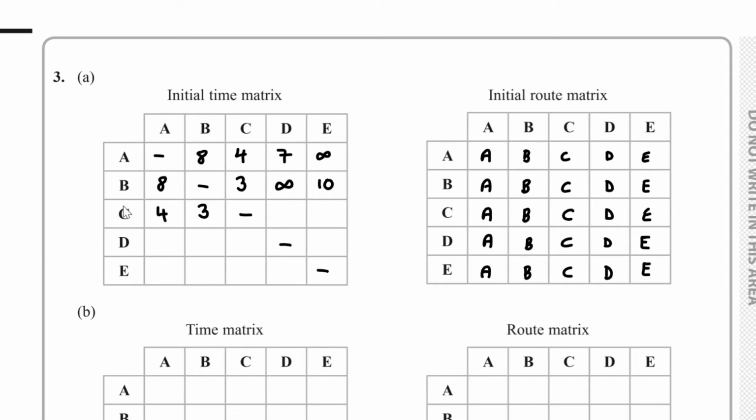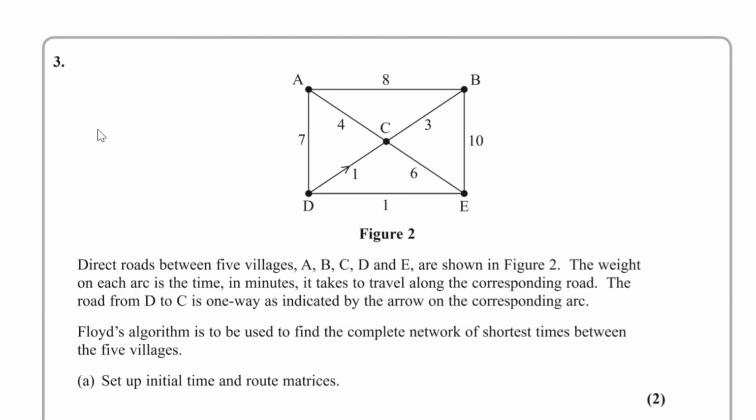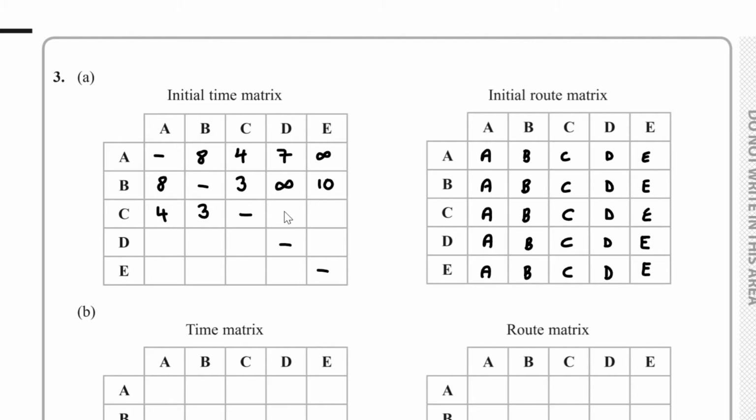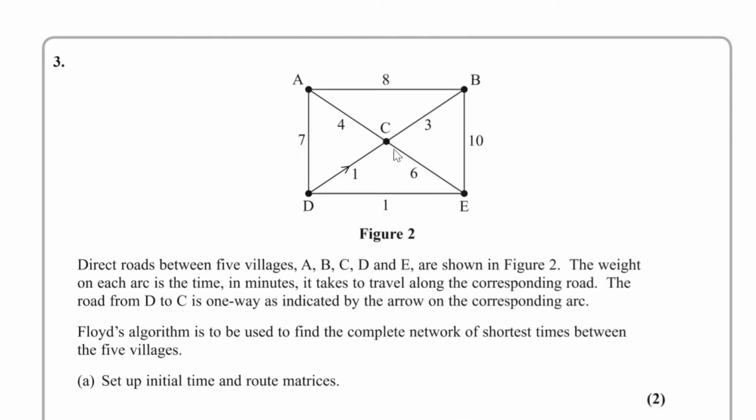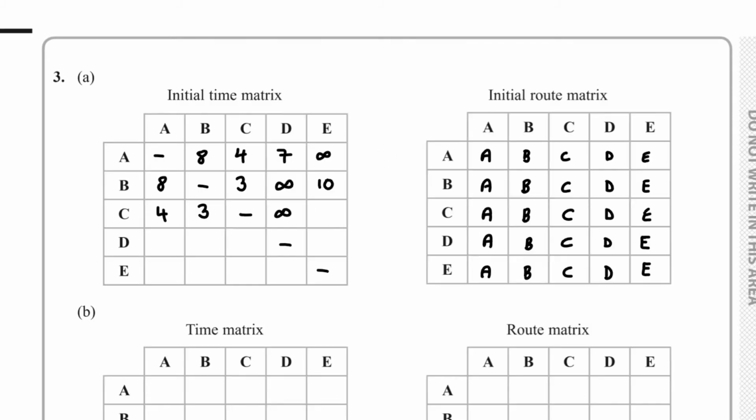If we take a look at CD, because there's no direct way of going from C to D, because the arc is directed from D to C, we replace that with an infinity. And if we take a look at CE, you'd find this to be 6.